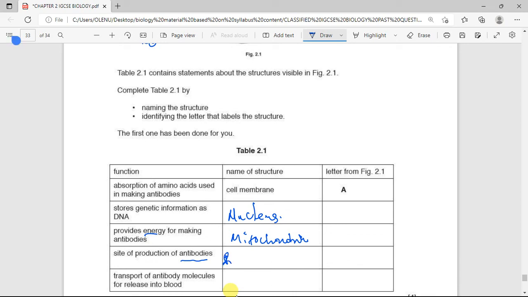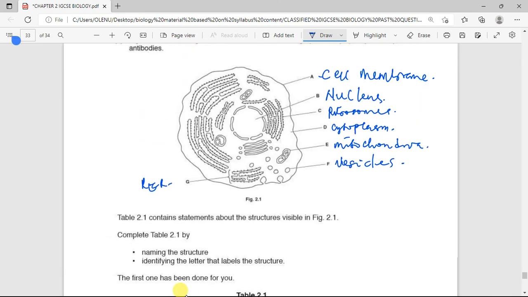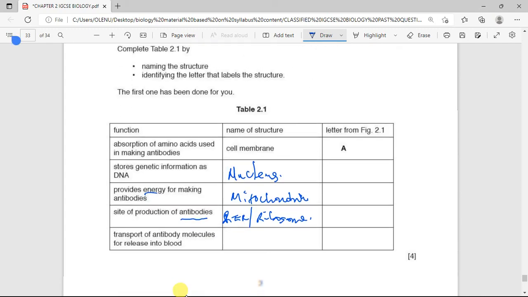So that can be the rough endoplasmic reticulum, or also the ribosomes carry out that main function. Transport of antibody molecules for release into the blood. If you look at this, you find out that the vesicles are the ones moving substances from inside and coming out to the cell membrane. So I'll give that to the vesicles.